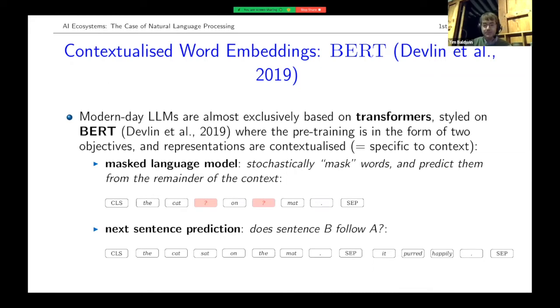I will generate a single embedding for a given word, aggregated across all of the occurrences of that word. So masked language modeling is the absolute bread and butter of modern day large language models. And then different language models have different secondary objectives. They often combine. The original BERT had something called next sentence prediction, where you had a concatenation of two sentences, and the simple task is, does B follow A as a sentence?